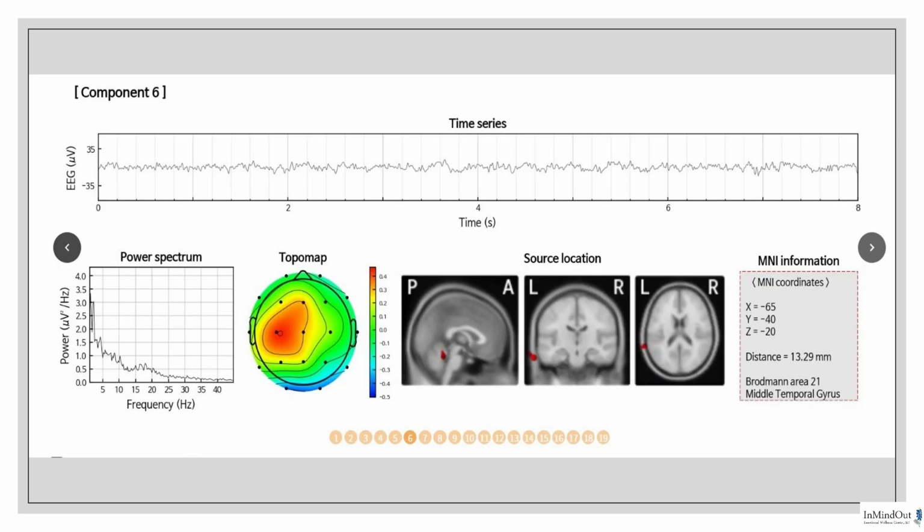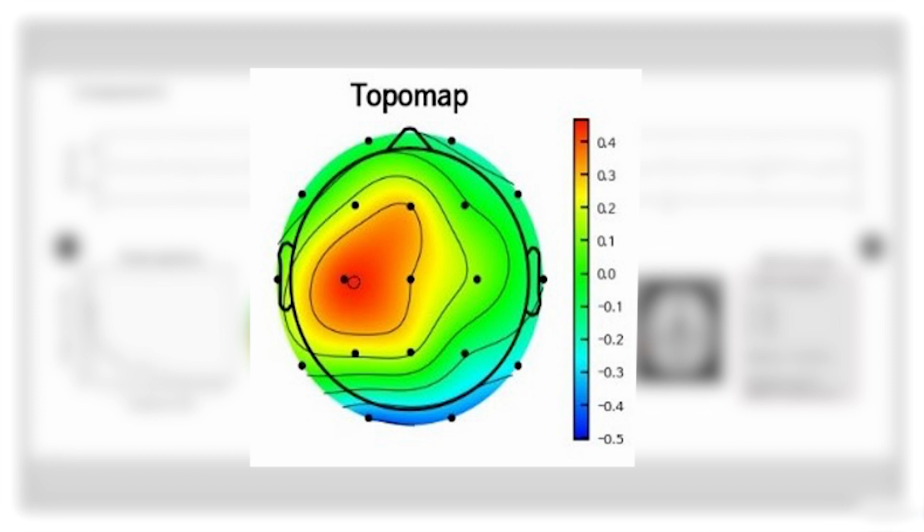You can also get very nice images. These are called components, which show you the raw EEG tracing for that region of the brain, the electrical activity. It shows you the distribution into a graph called the power spectrum, which just means where the brain is more active or less active. It shows you the image. Here's the nose. So this is the frontal cortex, the right ear, the left ear, and the back of the brain, the back of the head.